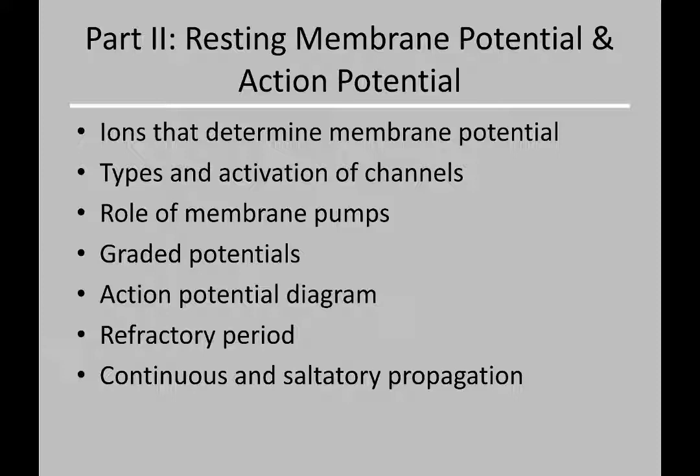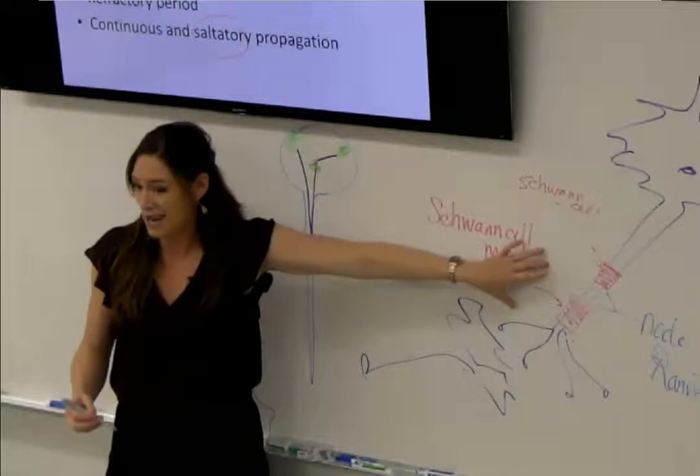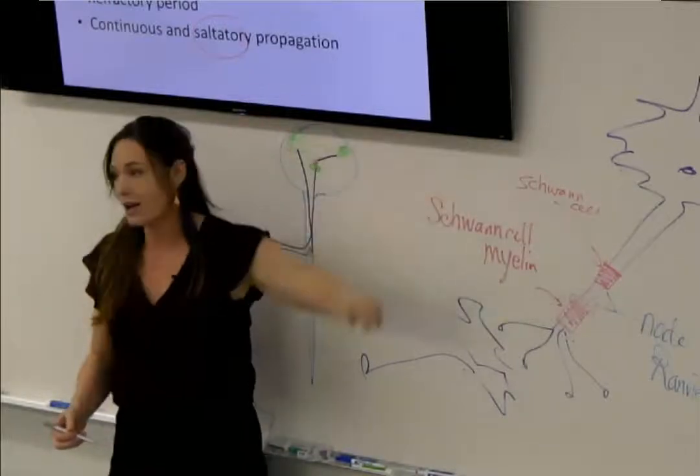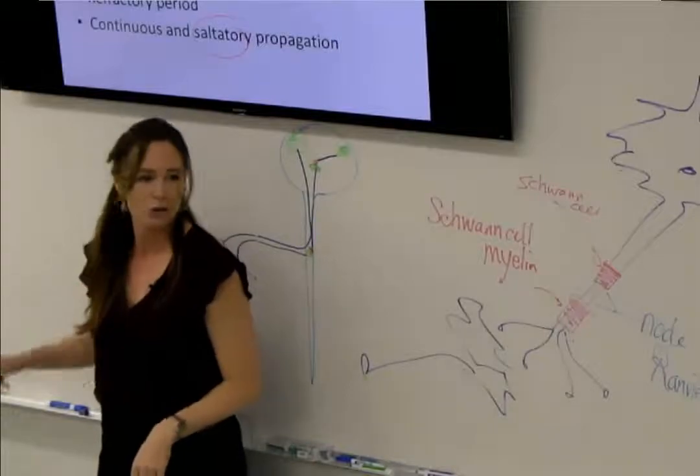At the end, we'll do continuous versus saltatory propagation. Just to get ahead of myself, when the Schwann cells and the myelin make it go faster, it's called saltatory propagation. That's all. It's like it's jumping from node to node.